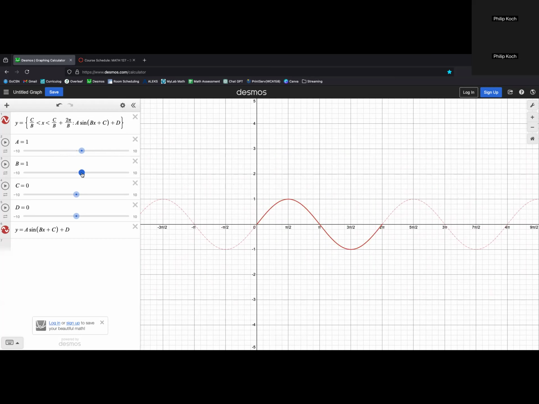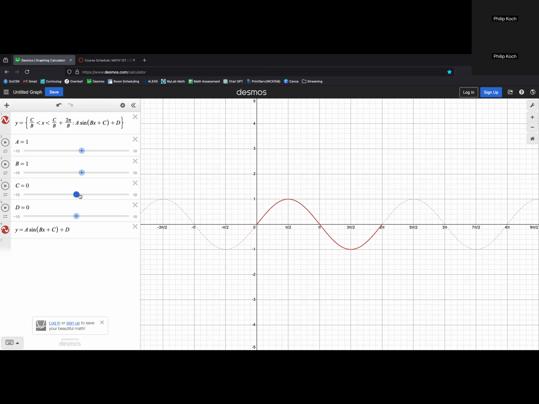If B gets larger, our period gets divided by a larger number, which shrinks the graph. It makes it oscillate faster and faster. But if I make B less than 1, it starts to extend the graph really, really long.